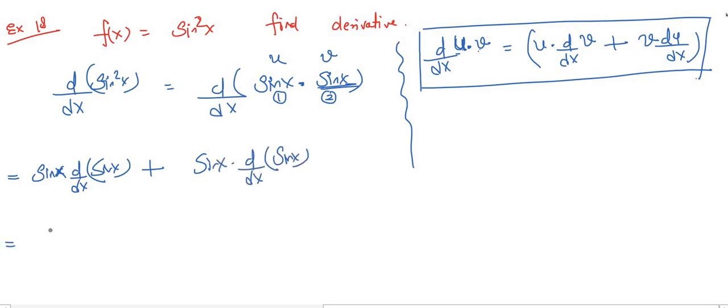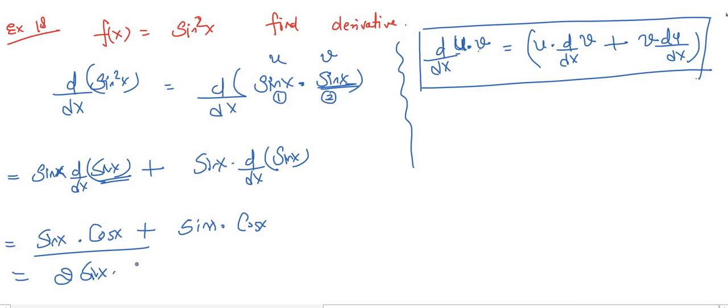From our formula list, we know the derivative of sin x is cos x. So sin x into cos x plus sin x into the derivative of sin x, which is cos x. So the final answer is 2 sin x cos x.